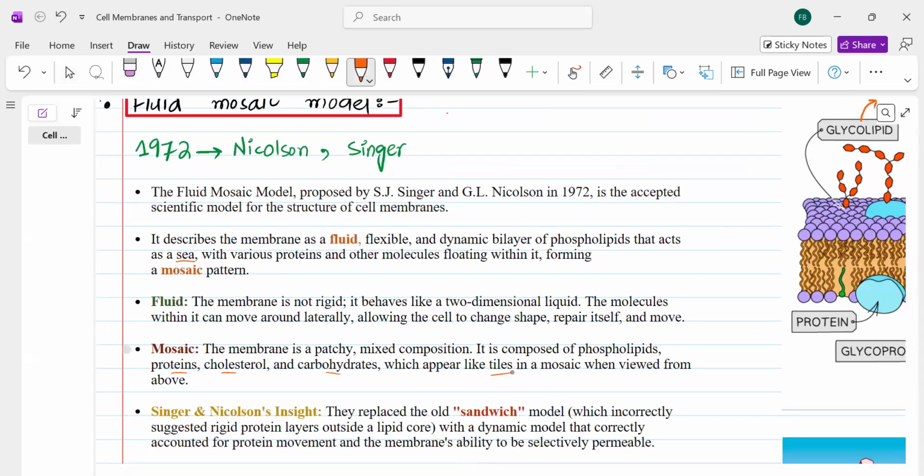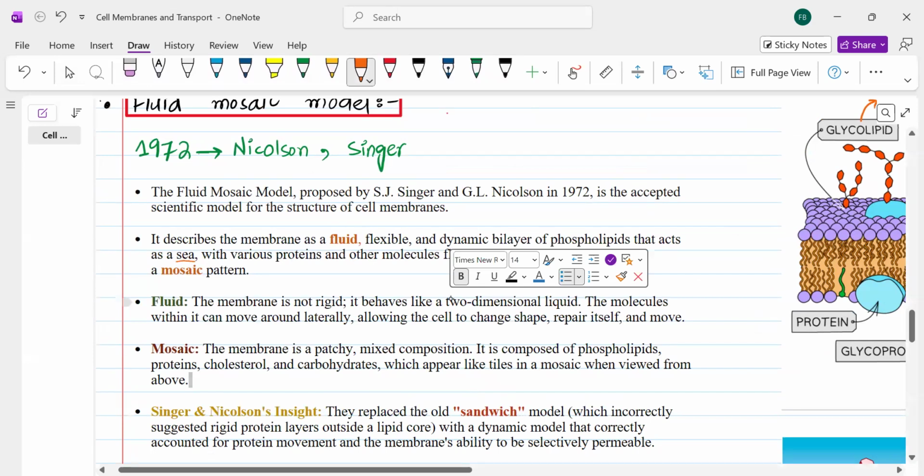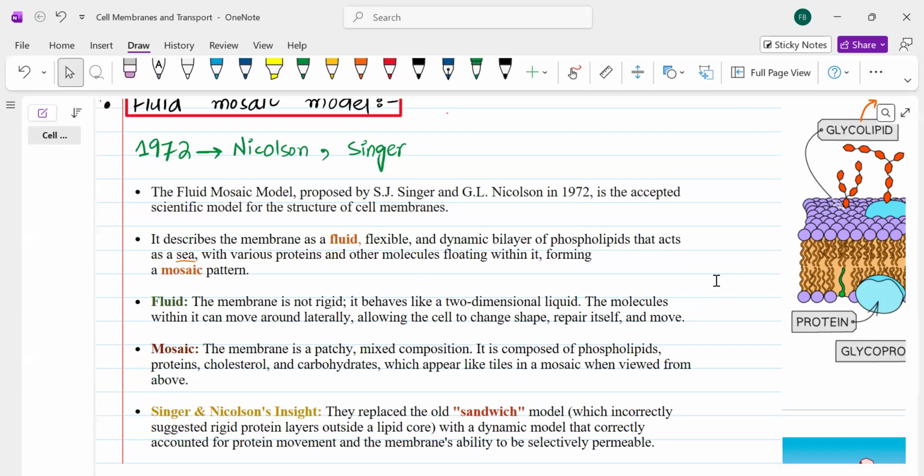Clear? Now, can you tell me what is the fluid mosaic model? It's a model that displays the cell membrane as a fluid and flexible sea with its components floating within it. It is fluid, so it can allow the cell to change shape, repair itself, and move, and also let other substances enter the cell.